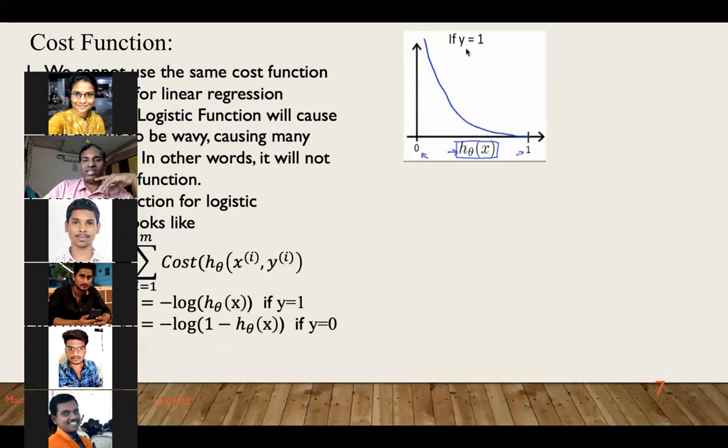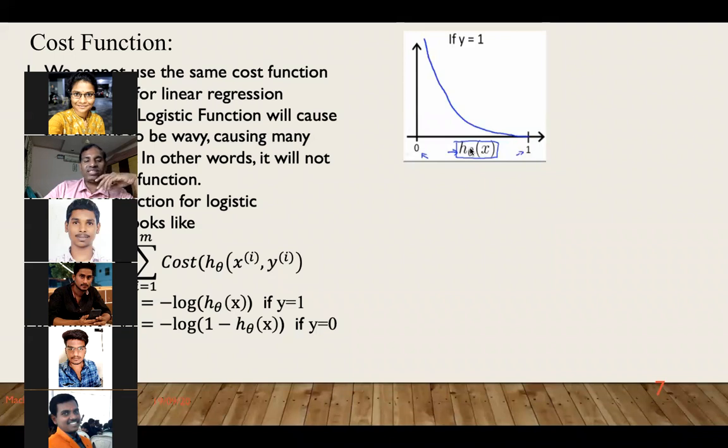If y equal to 1, then take your h theta x. When will log h theta x become a high value? What is the value if h theta x equal to 1?